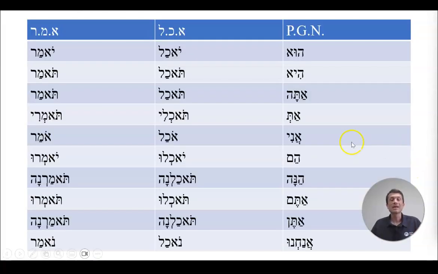So here's some examples. Take a look at amar, which, as I've said, is one of the most common verbs in the Hebrew Bible, to say or speak. Notice how unusual this first form is. It's omar. It's got a holem vowel instead of the normal hirik. Why is that? Well, it's irregular. So it's helpful just to embrace that irregularity.